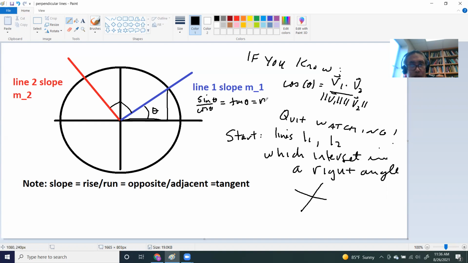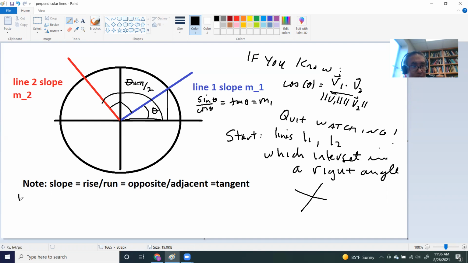That's going to be the slope M1. Now, because this is a right angle, the angle measured from here all the way to here is theta, and then we add pi over 2 because that's the right angle you're adding to it.